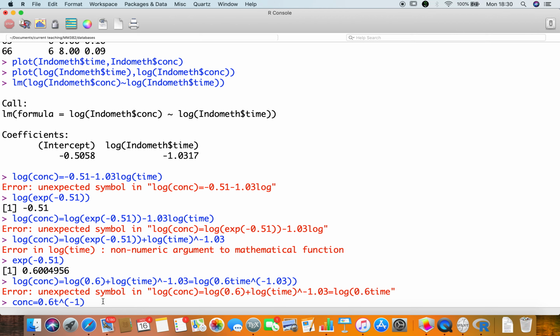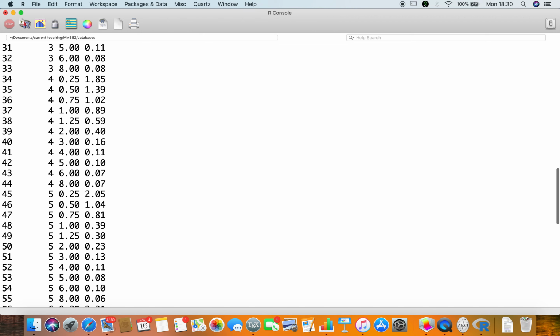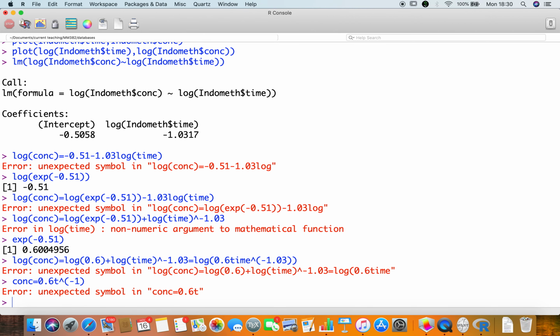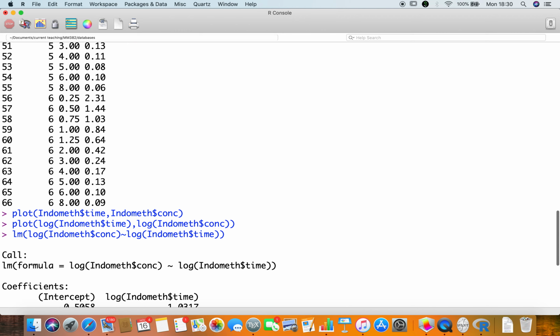If I want, for instance, the concentration at T equal to 2.5, the concentration is 0.6 times 2.5 to the power of minus 1, and I get 0.24. All I've done there is replace T by 2.5, because 2.5 is within the range of the data values that you're given for the time. Remember again, guys, it's between 0.25 and 8.